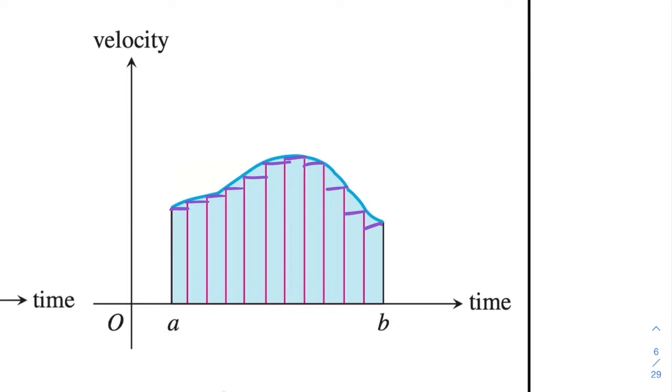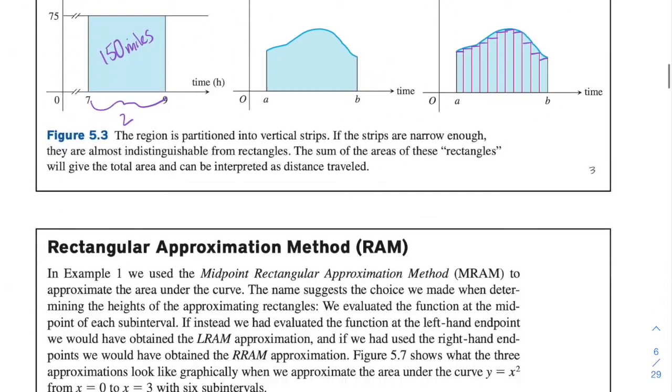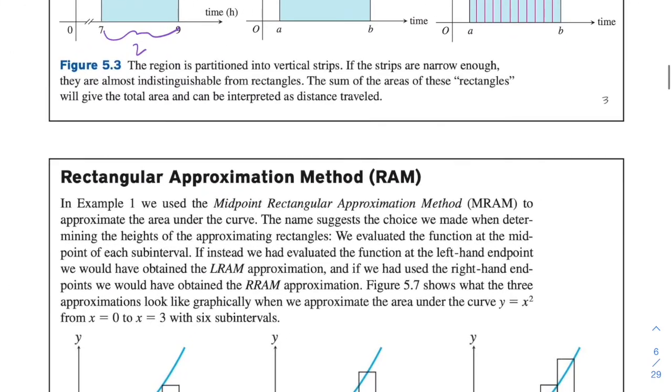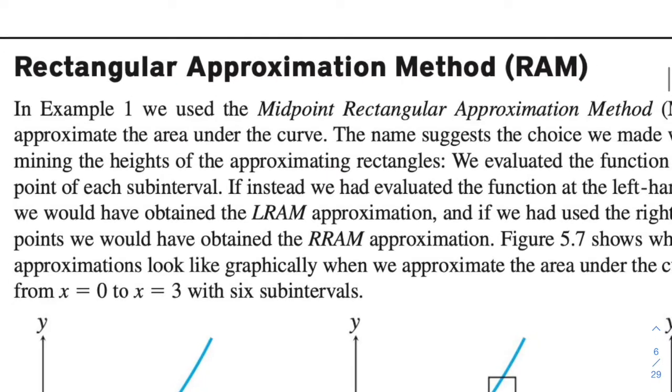Wouldn't you agree that if I calculated this rectangle and this rectangle and this rectangle and so on and so forth, we would get a pretty good approximation of what's happening under this curve? So that's our focus for today. Those are what we call rectangular approximation methods. This method in general is called a rectangular approximation method.